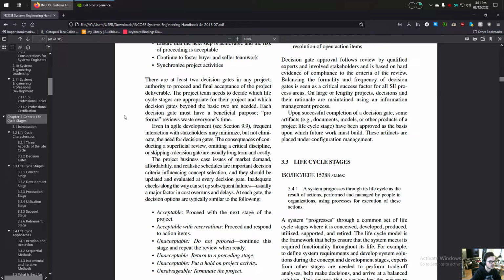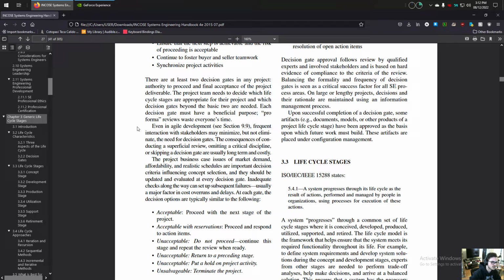Each decision gate must have a beneficial purpose. Pro forma reviews waste everyone's time. Even in Agile development, section 9.9, frequent interaction with stakeholders may minimize, but not eliminate, the need for decision gates. The consequences of conducting a superficial review, omitting a critical discipline, or skipping a decision gate are usually long-term and costly.